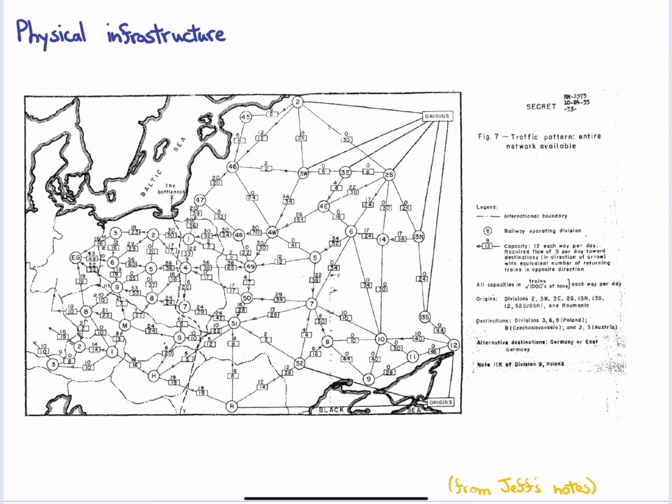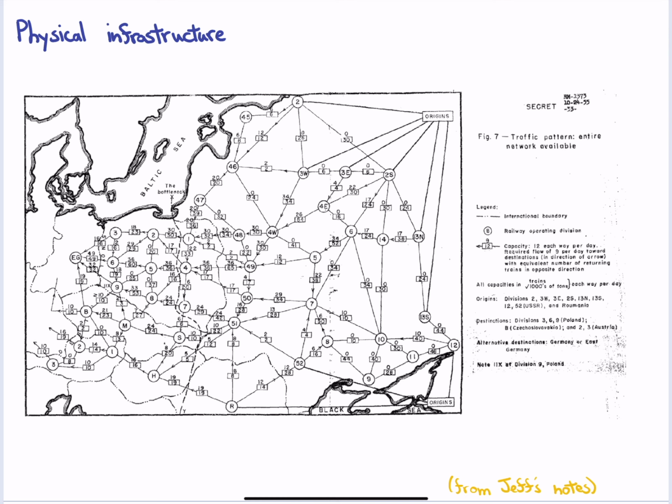If you wanted to have some air raids and disrupt a few railroad lines, you can drop some bombs and break up a few railroads. How can you be as disruptive as possible and break up the railroad network? American operations research was studying these Russian railroads in the Cold War.